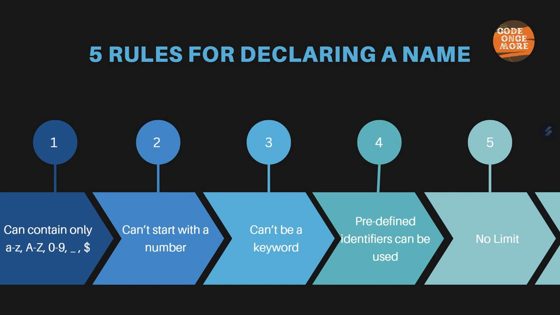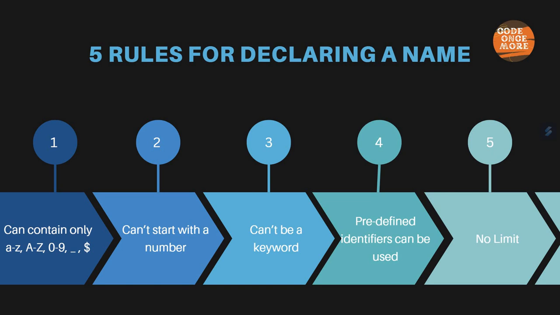And the fourth is that while declaring a name, we can use predefined identifiers. Predefined identifiers, such as Scanner, which we use in Java while taking input. We can use these names, but we should not use them because they are not recommended. We can use System as a variable, but we should not, as it complicates understanding our program.